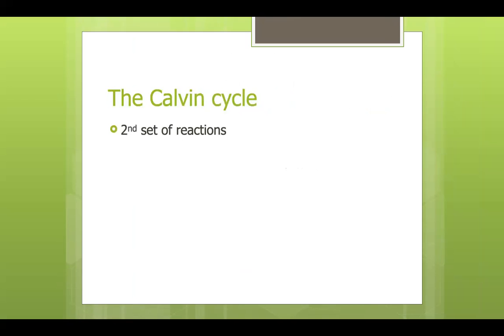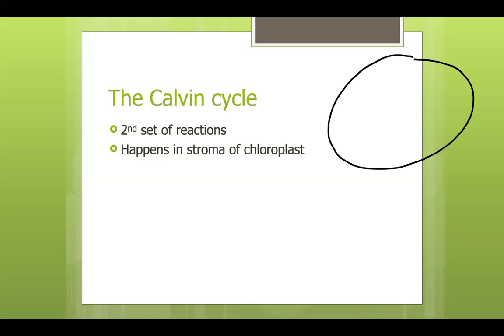Okay, so the second set of reactions is going to occur in the stroma. So again, I want to emphasize the structure of the chloroplast. Okay, so we've got our chloroplast here. We have our stacks of thylakoids, and then we've got these bridges that connect them like that.